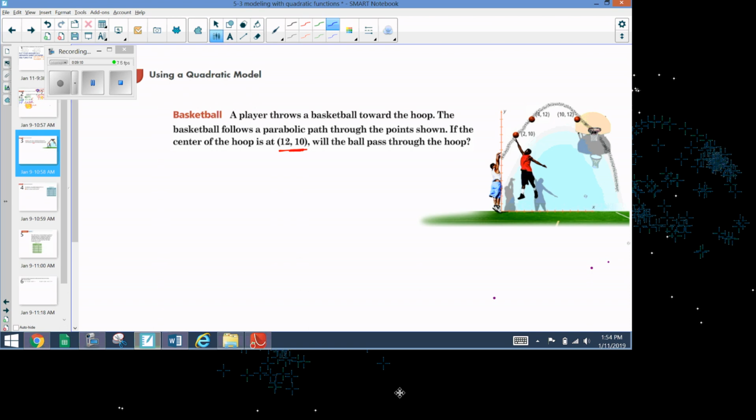The first one, 2 and 10. So this is X, this is Y. What was the standard form, Stacy? So Y is 10 here.